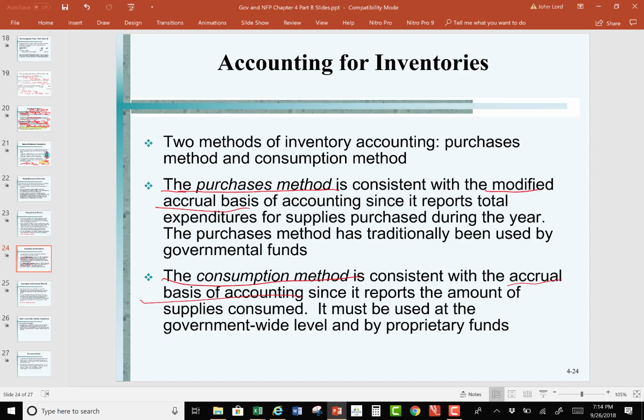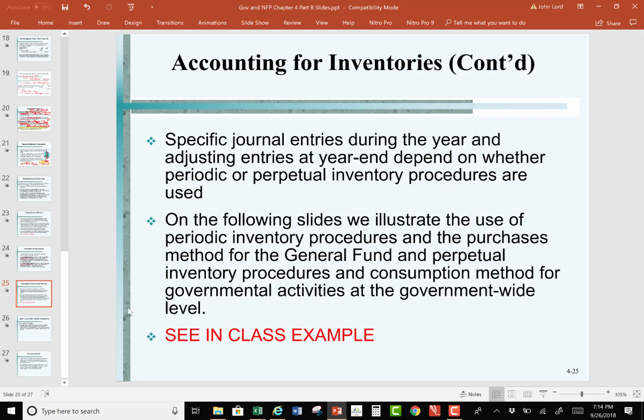Second takeaway is that the difference is how we show these on the statement of revenues, expenditures, and change in fund balance. So the impact of the difference is on the income statement depending on which method you use.